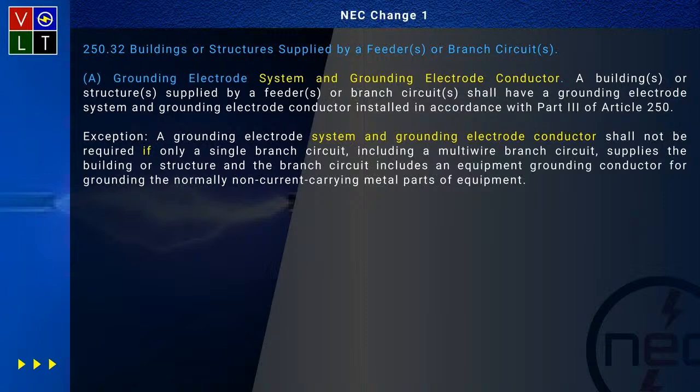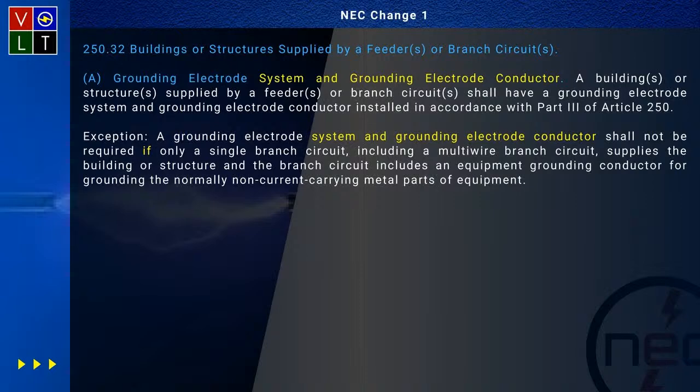So basically what they did here is some clarifications at 250.32, where you're dealing with buildings or structures supplied by feeders or branch circuits. They've added the grounding electrode system, and they also made sure to add a grounding electrode conductor. It tells you a building or structure supplied by feeders or branch circuits shall have a grounding electrode system and grounding electrode conductor installed in accordance with Part 3 of Article 250.